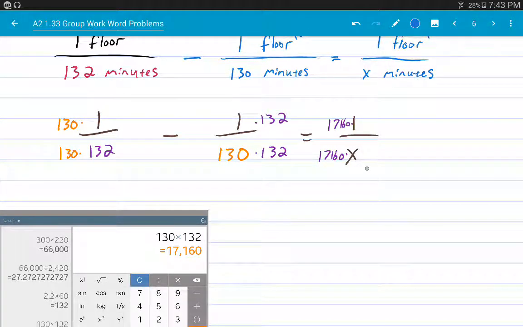I'm still missing an X. I don't have an X on the other two denominators, right? This X stands alone here. So this side needs an X and this one needs an X as well. It doesn't matter which side I put it on. Essentially now they all have the same denominator, 17,160x, so I can cross them out.